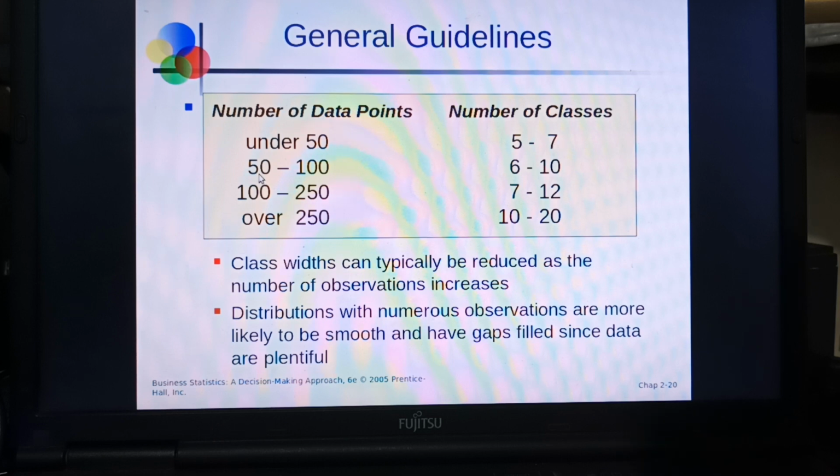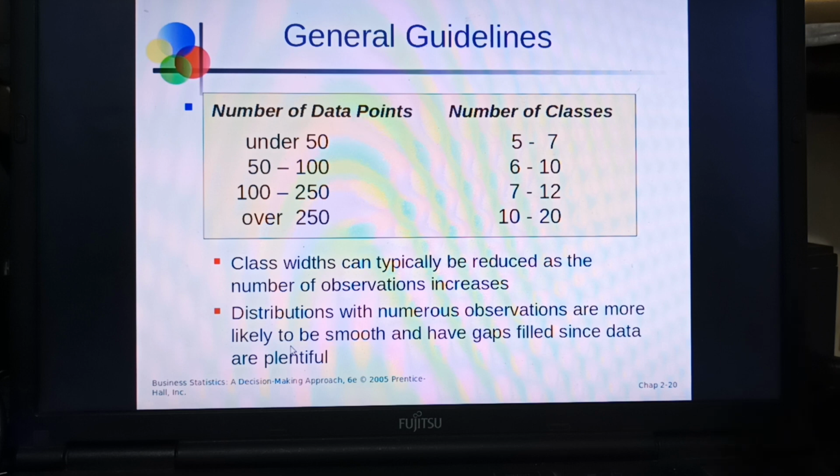If you have 50 to under 100, maybe you can have 6 to 10, or 100 to under 250, maybe you could have 7 up to 12. And if your data is over 250, you could have from 10 to 20.